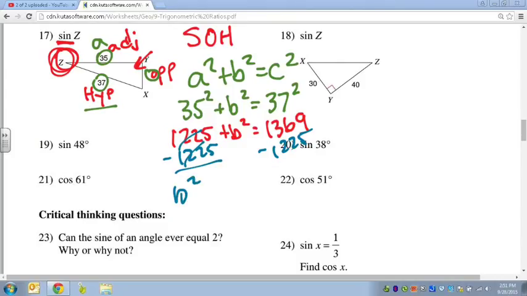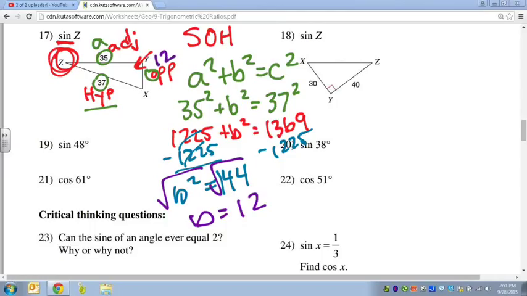I'm left with b squared equals 1,369 minus 1,225, which is going to give me 144. So when I take the square root of both sides, I have b equals 12. So b equals 12, so that is my opposite side.